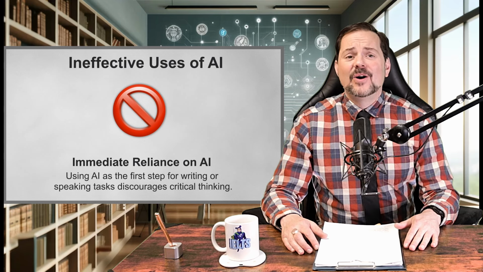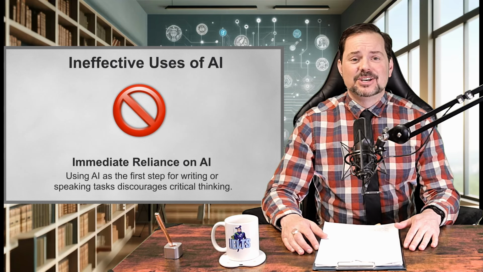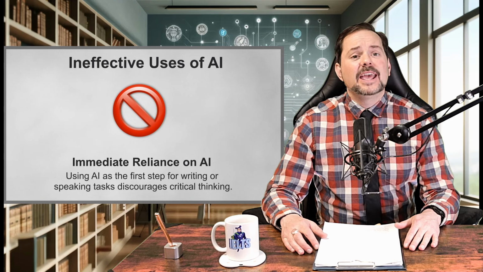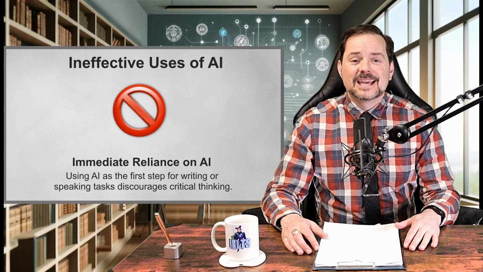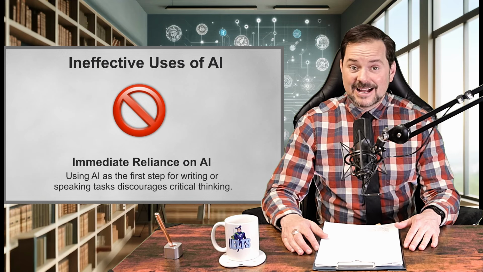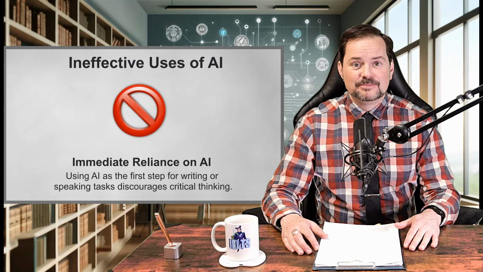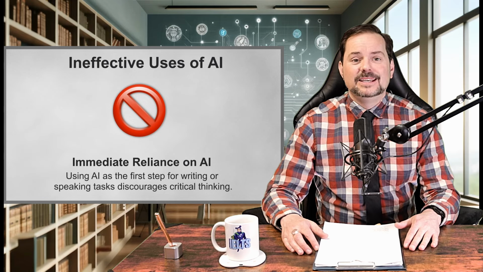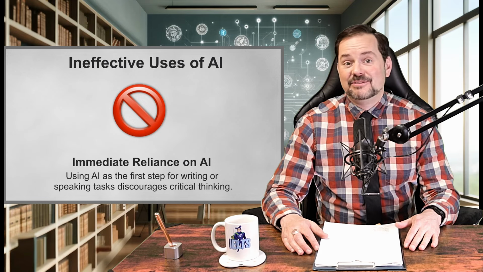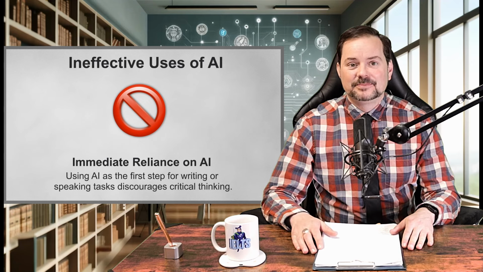Another very common ineffective learning strategy applied by lots of IELTS candidates is to use AI as a first step for their learning. This means when they get ready to write an essay or to answer some speaking questions, their first step is to turn on the computer, log into ChatGPT, and ask ChatGPT to generate a task 2 response on the topic of the environment.